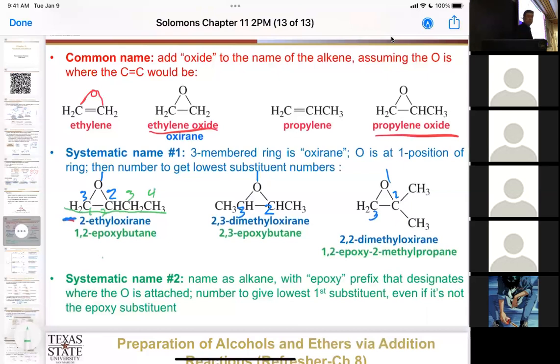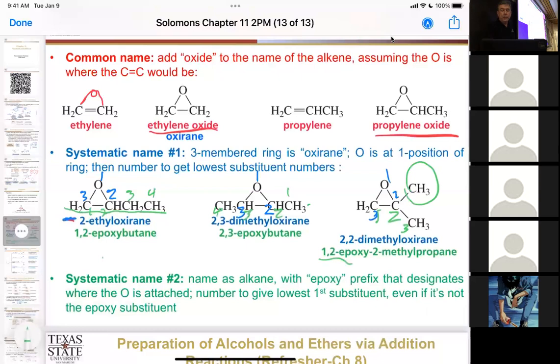On this other one here, we also have butane, but now we have 1, 2, 3, 4. So it's still 2,3-epoxybutane. And when we number from this side, we could only get to 1, 2, 3, and then this becomes a substituent.